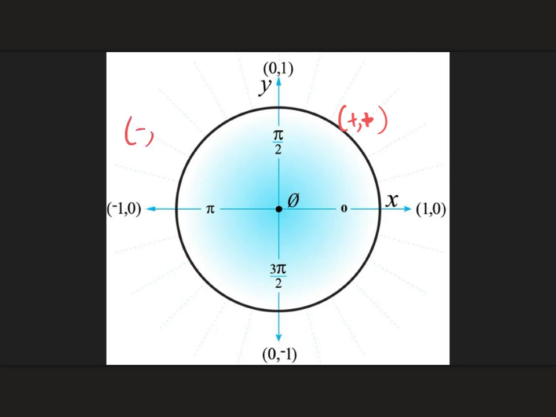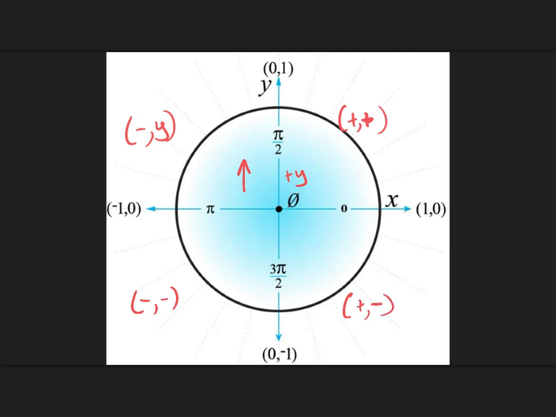In quadrant 2, the x is negative, but the y is positive. So everything above the x-axis has a positive y. Okay, so the x and the y are both negative in quadrant 3. And in quadrant 4, the x is positive, the y is negative.